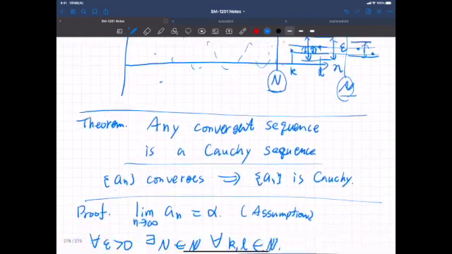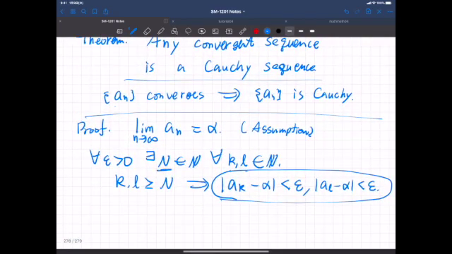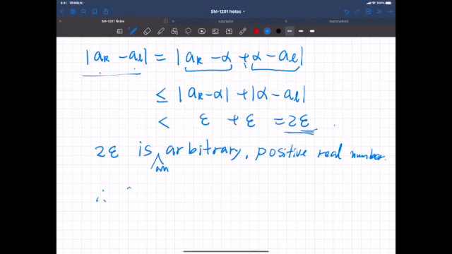For any epsilon, there exists some natural number N such that for any natural numbers k, l greater than that capital N, we have a_k minus a_l, their difference, less than some arbitrary positive real number. So therefore this sequence is a Cauchy sequence, and we are done.